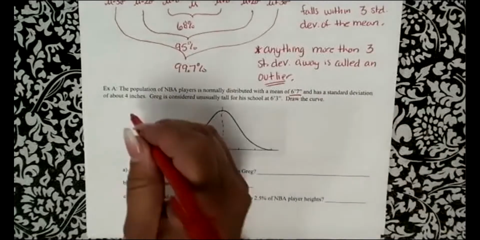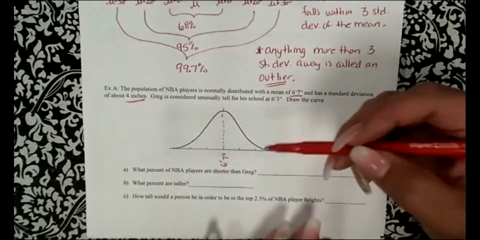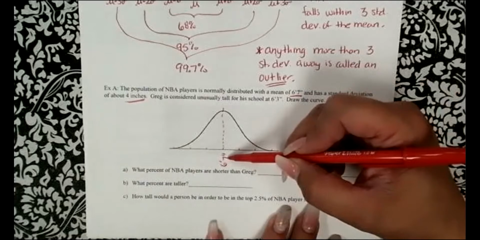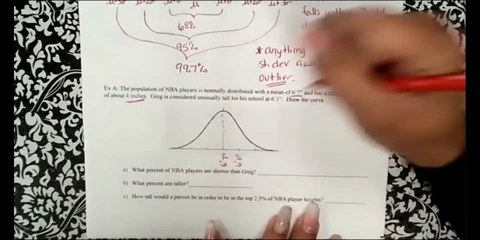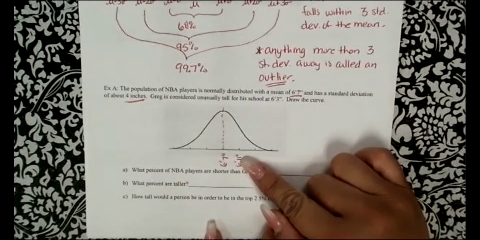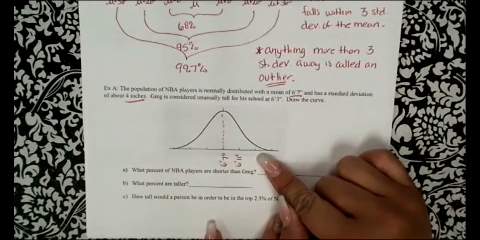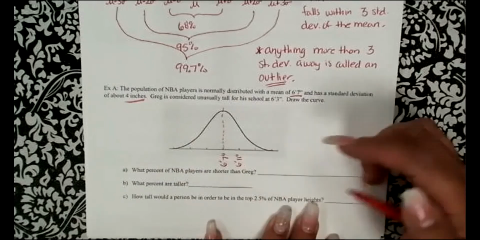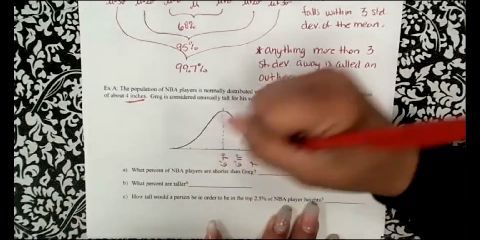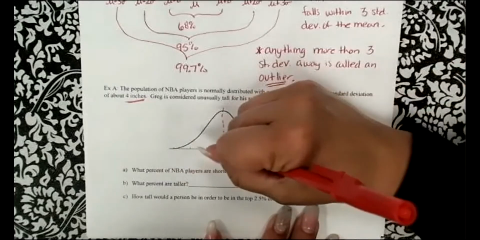And the standard deviation is 4 inches. So if I add 4, 7 plus 4 is 11. So that'll be 6'11". And if I add another 4, you don't want to write 15 because remember, every 12 inches is a foot. So if I add 4, I'm only going to really add 1, and then it's going to bring my foot up to 7 feet. And then I'm going to have 3 inches.